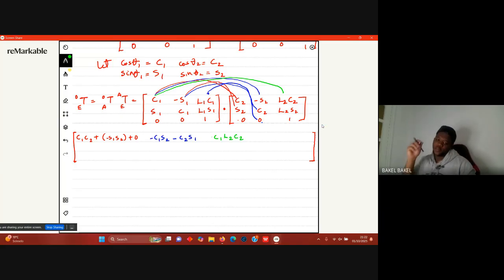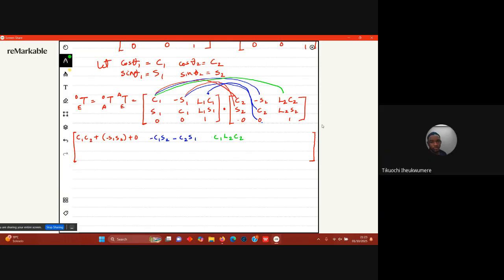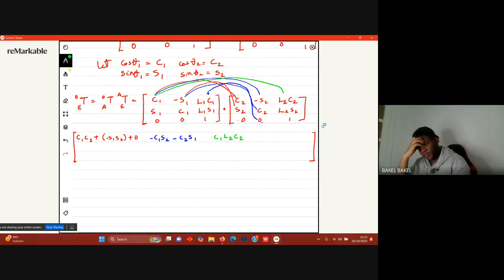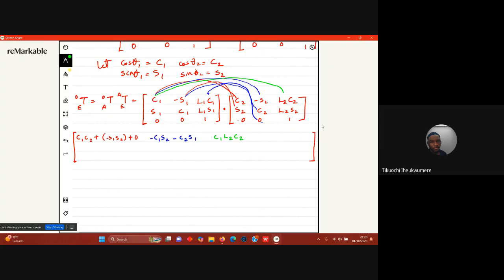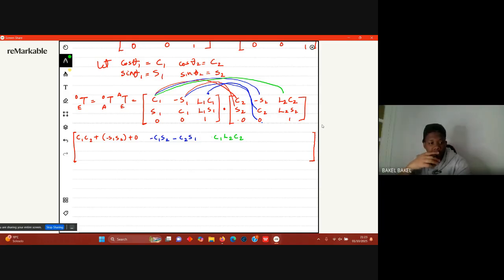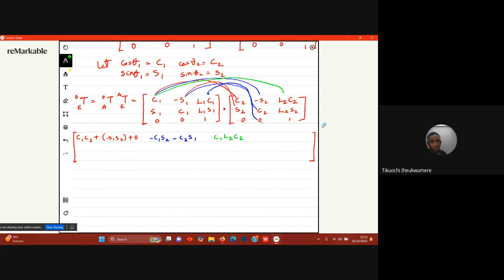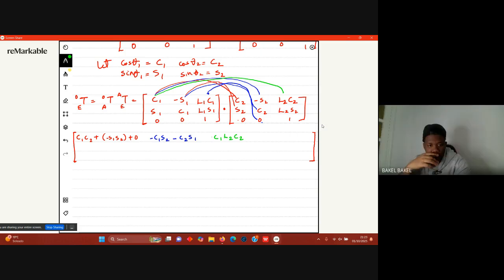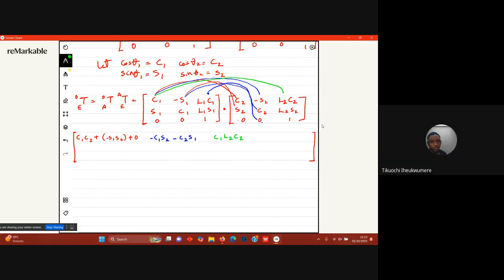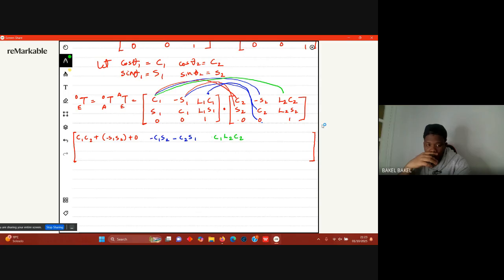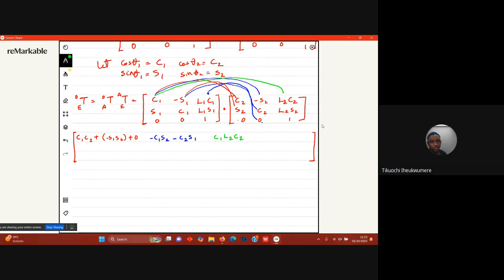Why multiply? Why not add? Hello, can you hear me? Sorry, my mic was muted. The first result, C1 C2 plus S1 S2, is not supposed to be the row multiplied by the column. Yeah, row multiplied by column. Did I get something wrong?